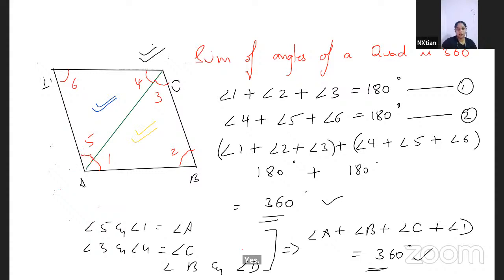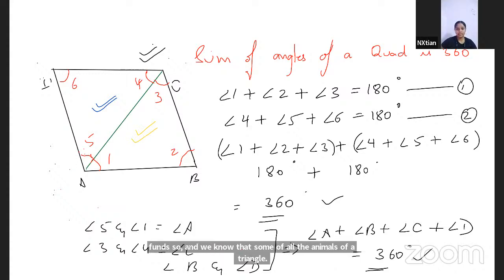Now you divide into half to make it like 180 plus 180. This is because our diagonal divided our quadrilateral into two parts. And we know that the sum of all the angles of a triangle is 180 degree.